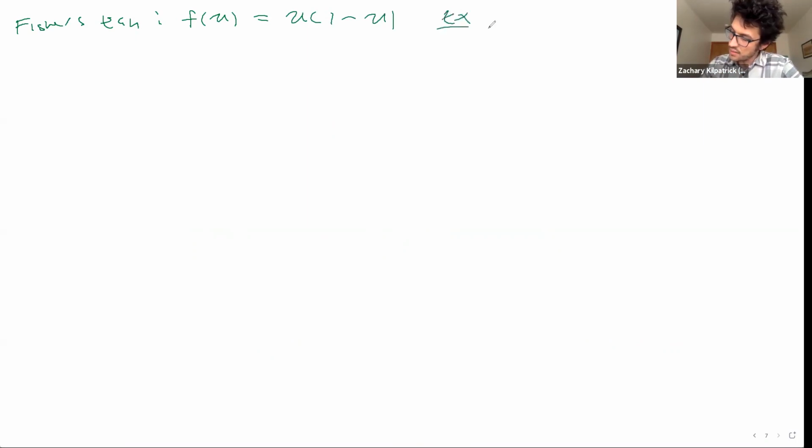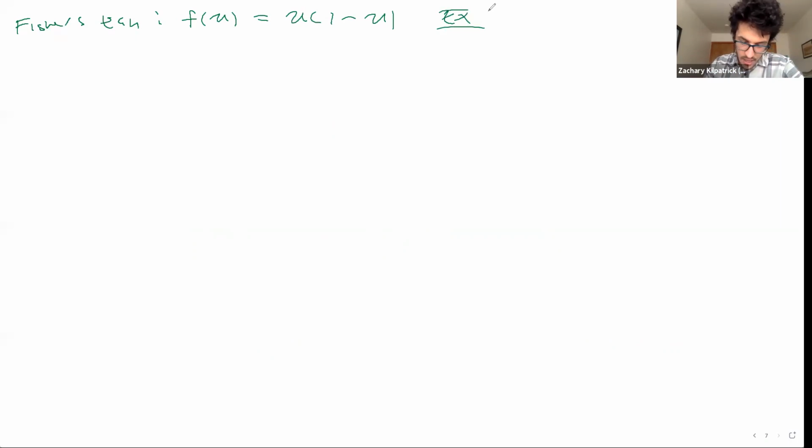And so let's take a look at, in particular, the KPP or Fisher's equation. We'll take f of u equal to u times 1 minus u, and this will be our example now.